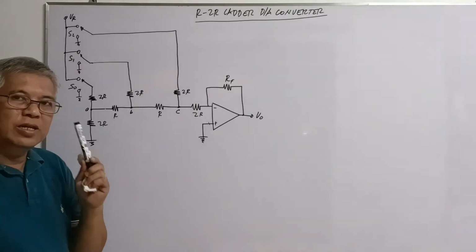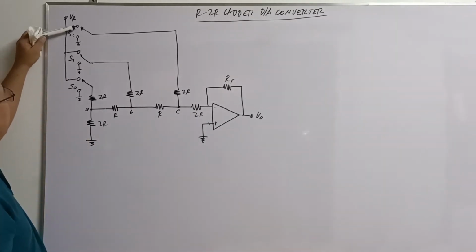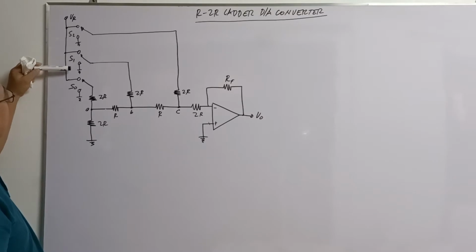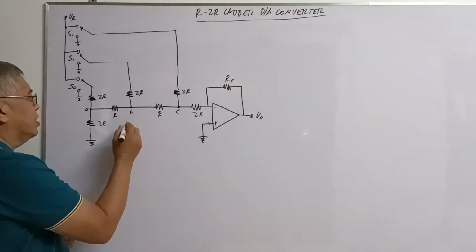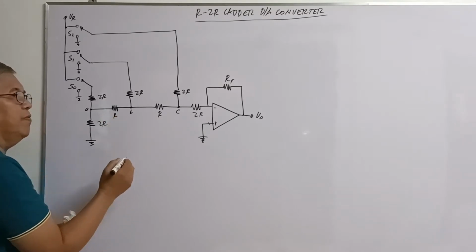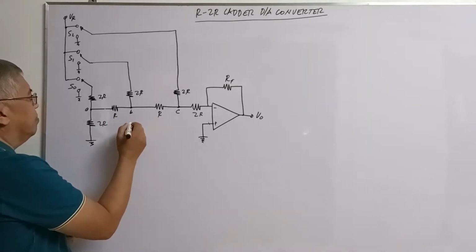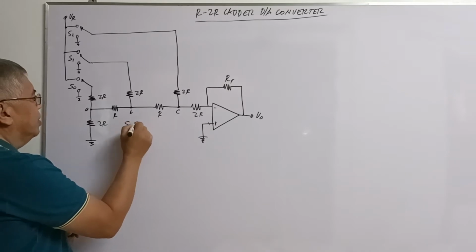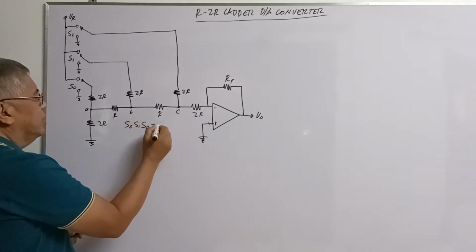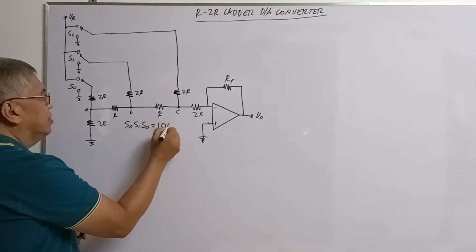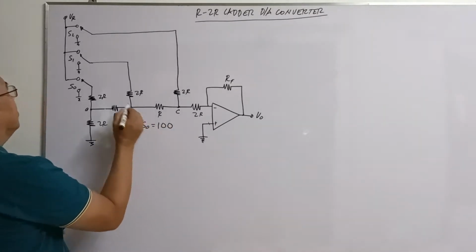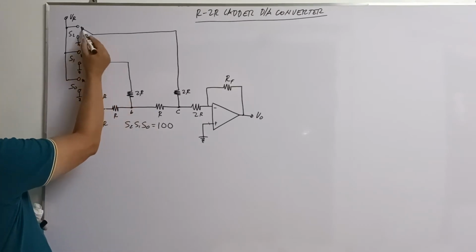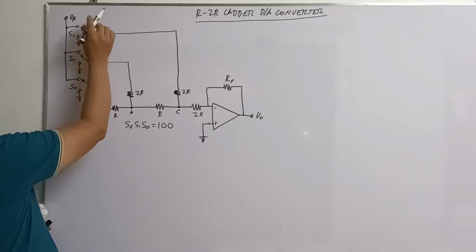Now, this input signal will be placed in your S2, S1, and S sub 0. Assuming that the digital signal coming from your DSP, S2, S1, and S sub 0, is equal to 1, 0, 0. If S2 is 1, that means this switch here is connected to your source.